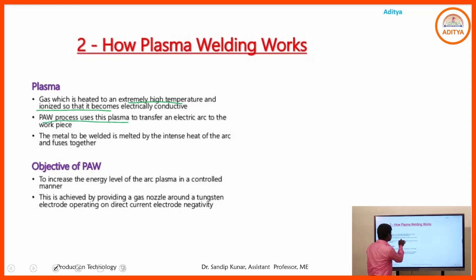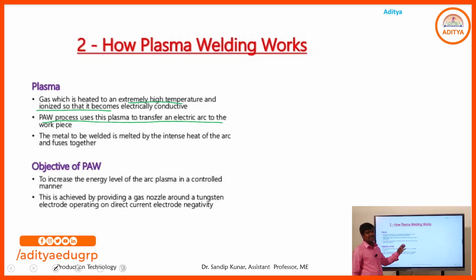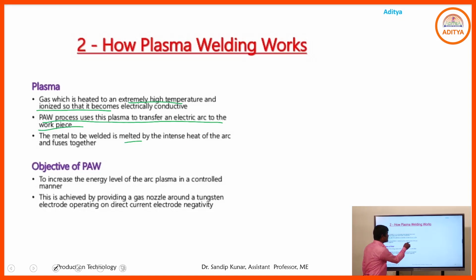In the plasma arc welding process, this plasma transfers the electric arc to the workpieces, and the workpieces are melted by the intense heat of the arc and fused together. The molten state forms at the weld faces, and then both faces are joined.